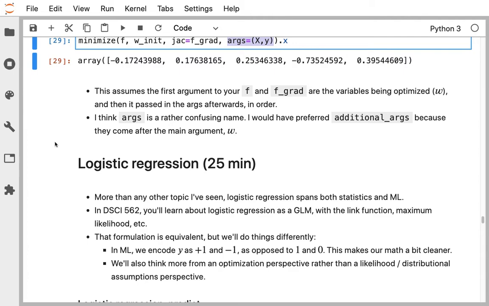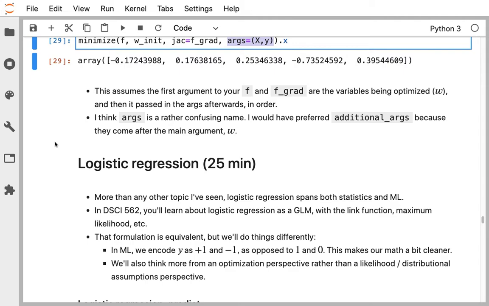So in Regression 2, you will learn about logistic regression from the statistics point of view. Generalized linear models, link function, maximum likelihood, all that kind of stuff. We're going to look at it from a totally different perspective, but at the end of the day, we're going to arrive at the same algorithm. So one thing we're going to do differently is we're going to encode the target values as +1 and -1, whereas the statistics folks do it as 1 and 0.